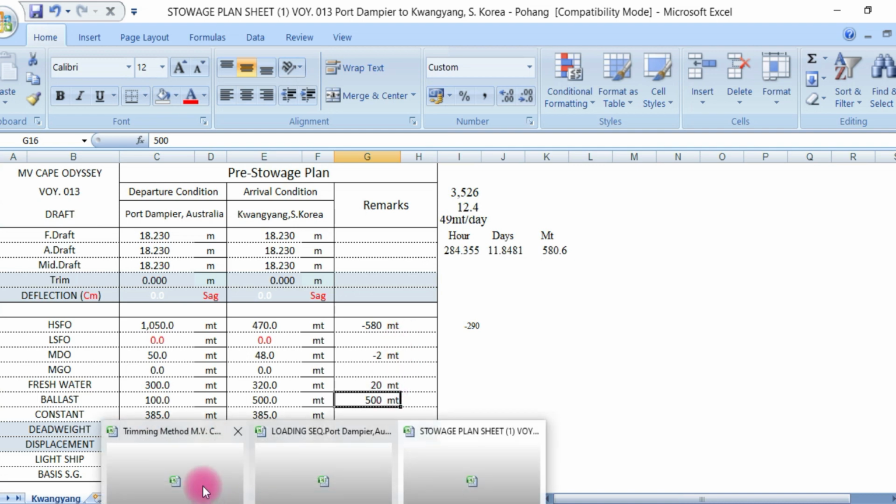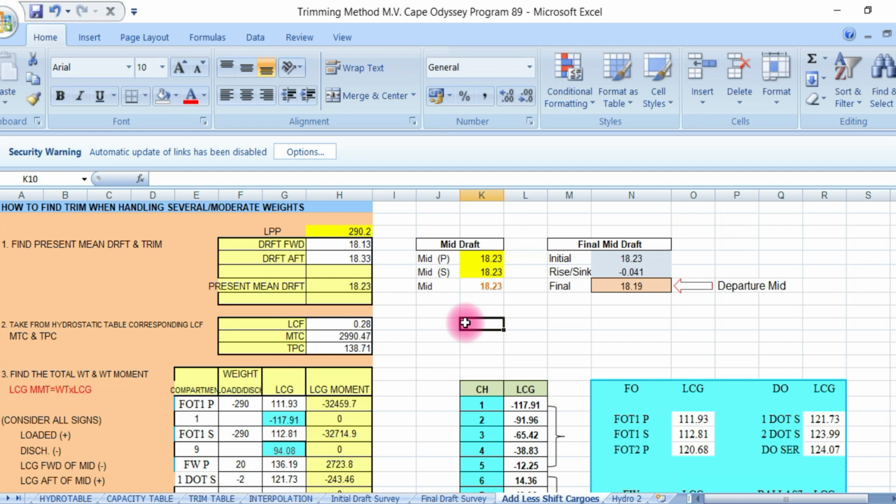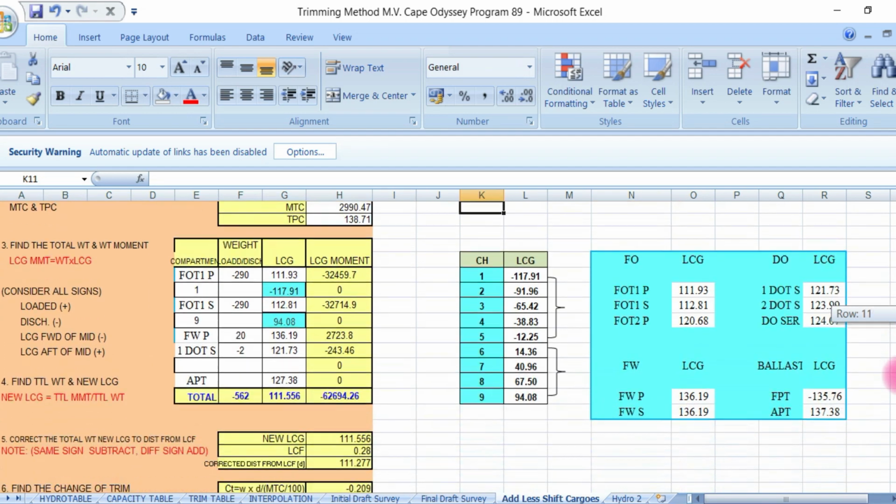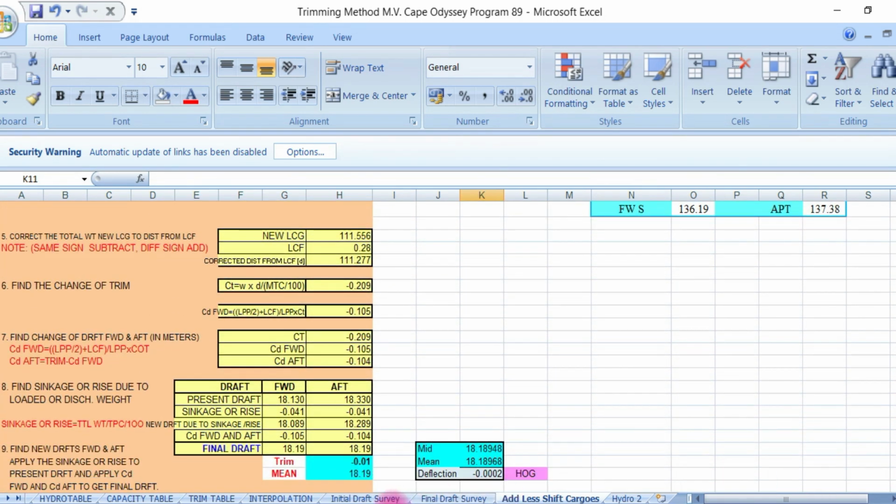Okay, so 582 divided by 100, divided by your TPC, 138.71, equals, this is your rise, which is equal to sinkage or rise of 0.41.